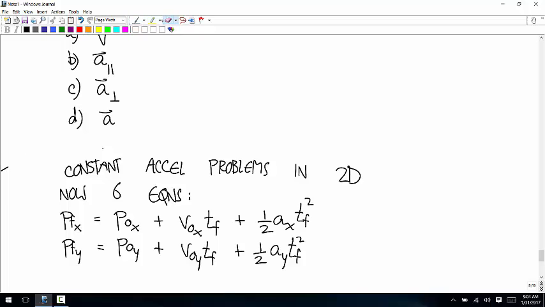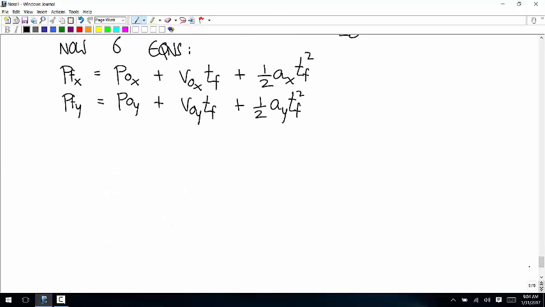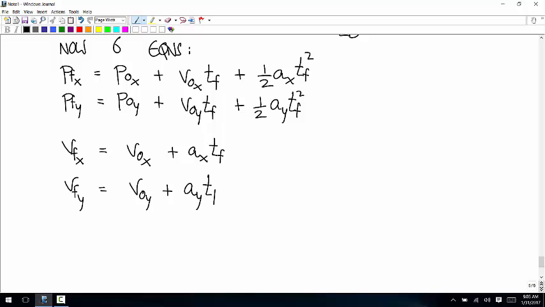So for motion along a line, that was a single equation. Now it's 2 equations, 2 components. And then the next 2 are Vfx is equal to V0x plus Ax Tf, and Vfy is equal to V0y plus Ay Tf.